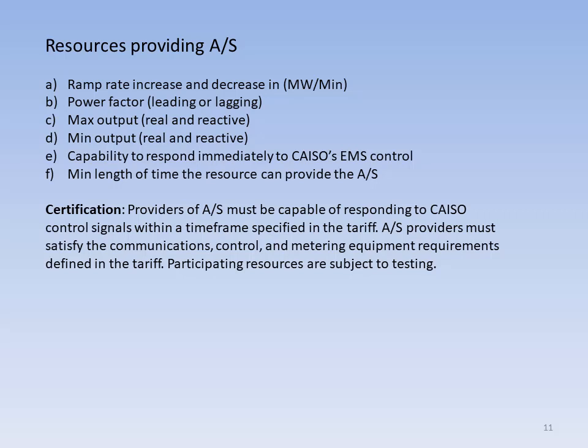The attributes for each resource are defined in the CAL-ISO's master file. Additionally, resources providing ancillary services must be certified to do so. Providers must satisfy the communications, control, and metering equipment requirements, defined in the tariff. Participating resources are subject to testing.